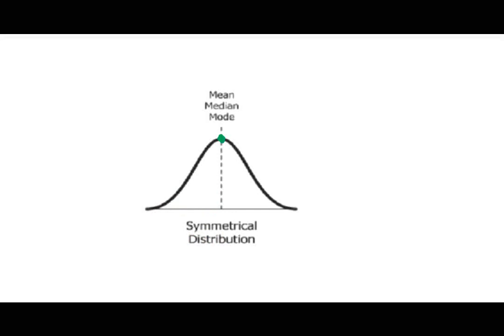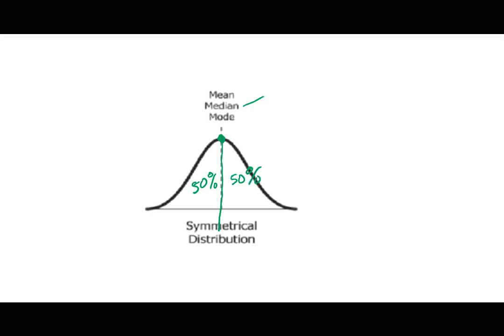So let's talk about the median. A median is the location in the data where 50% is below that value, and 50% is above the data. So it's the one specifically directly in the middle of the data.